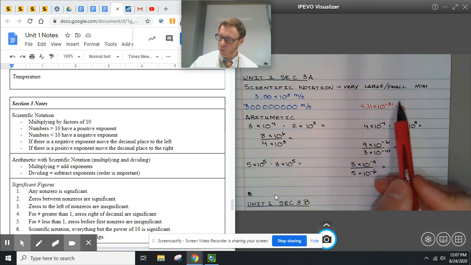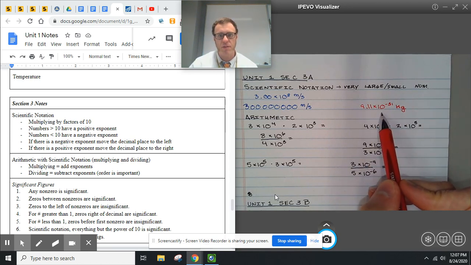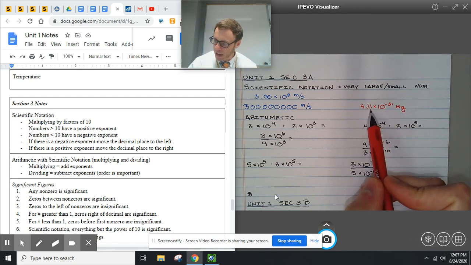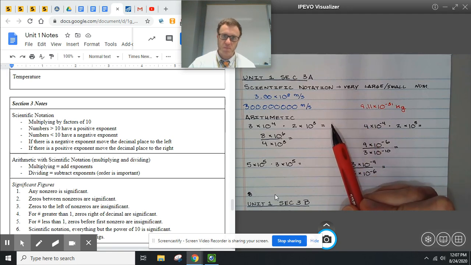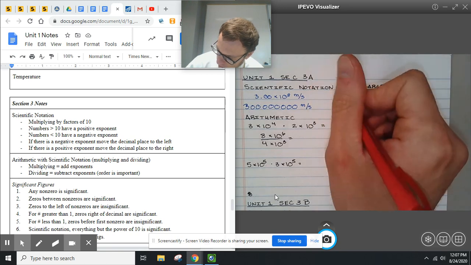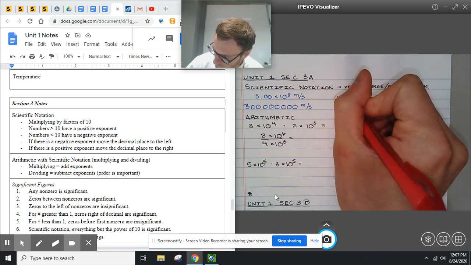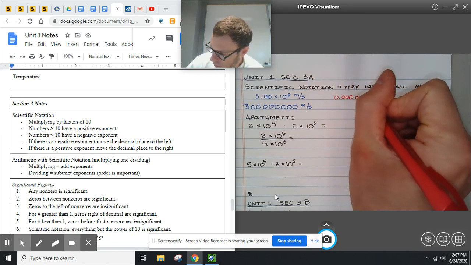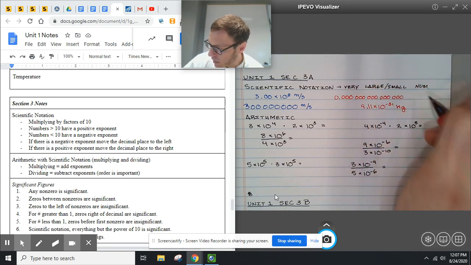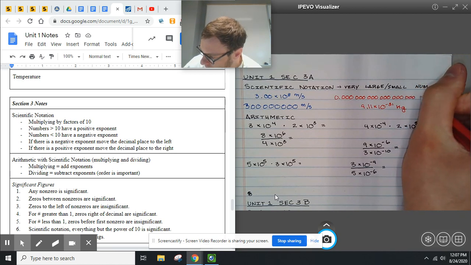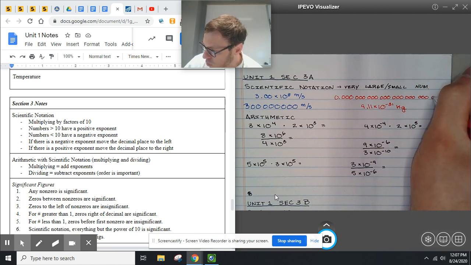This right here, 9.11 times 10 to the negative 31st, that's the mass of an electron. Electron's super duper small. And so this one will drive the point home a little bit more, all right? Because it's a negative exponent, I have to take this decimal and move it to the left, all right? So what we get, I'm going to write it here, is 0.1, 2, 3, 4, 5, 6, 7, 12, 13, 14, 15, 16, 17, 18, 19, 20, 21, 22, 23, 24.